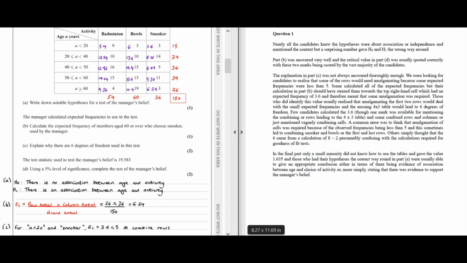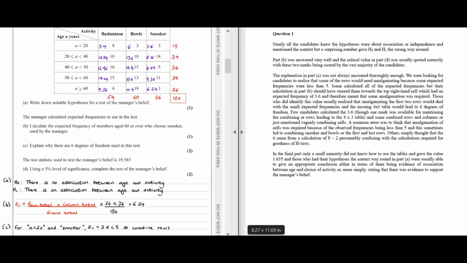So what else was mentioned? And therefore meant that some amalgamation was required. Those with the small expected frequencies and the ensuing 4 times by 3 table will lead to 6 degrees of freedom, so that's when you combine. And some confused rows and columns, or just mentioned vaguely combining cells.